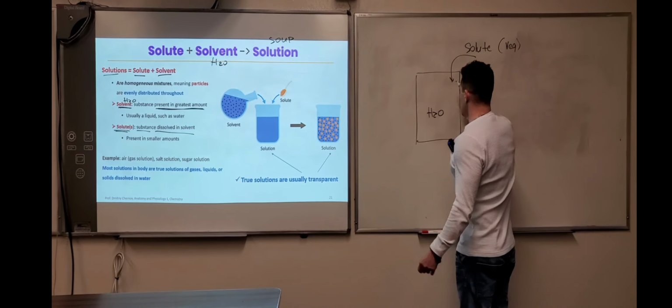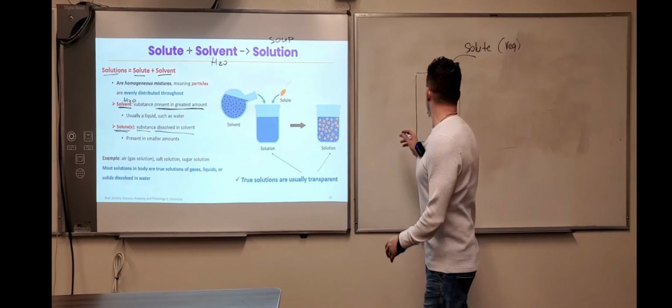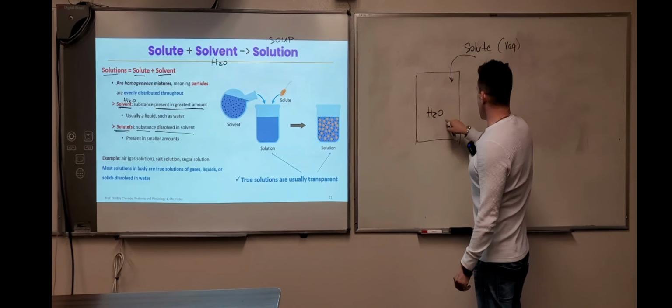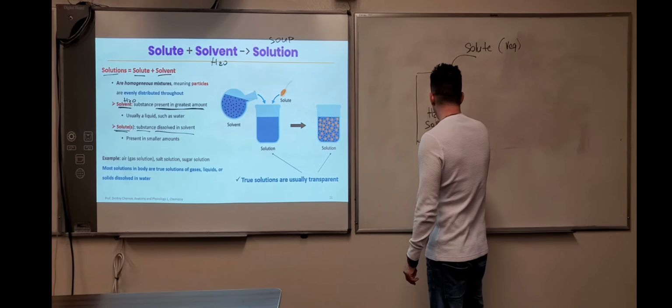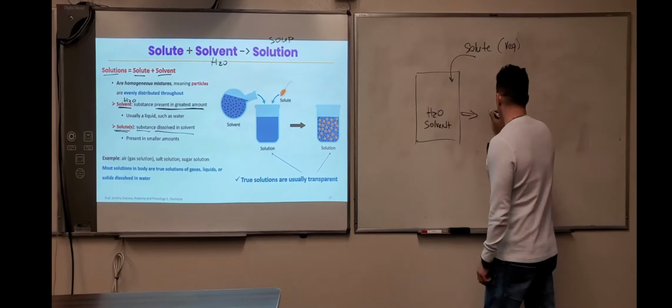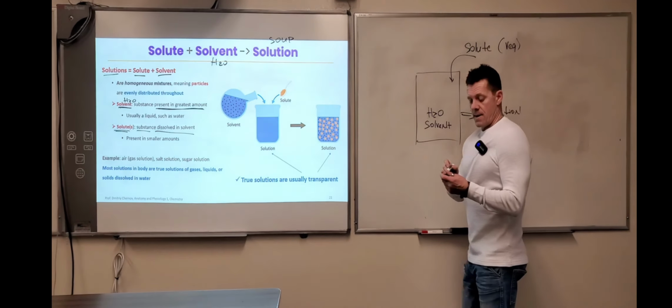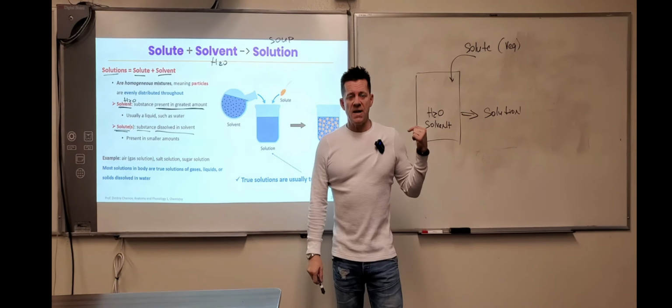For the solute, you put broccoli, cauliflower, Brussels sprouts, potatoes, carrots, whatever. By adding solutes into the solvent, you end up with a solution. And that's how it's easier to remember this concept.